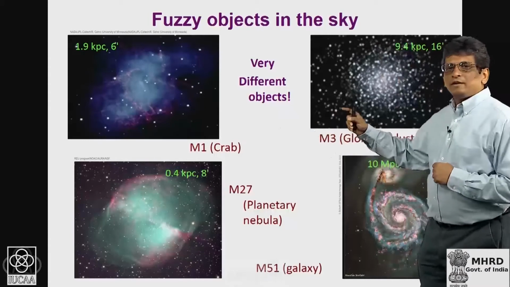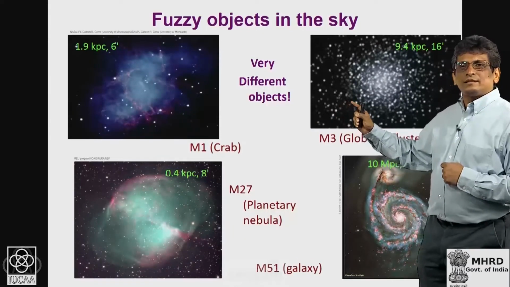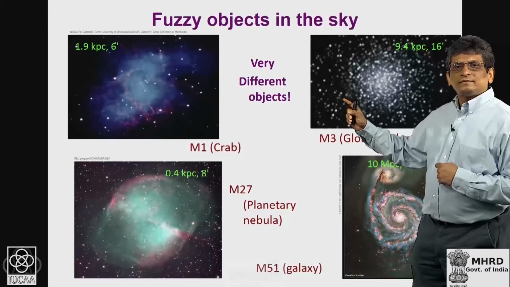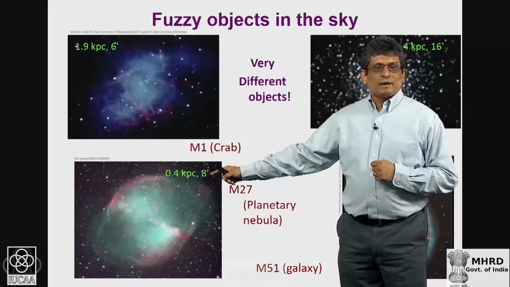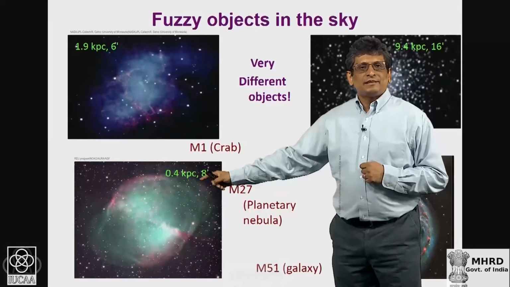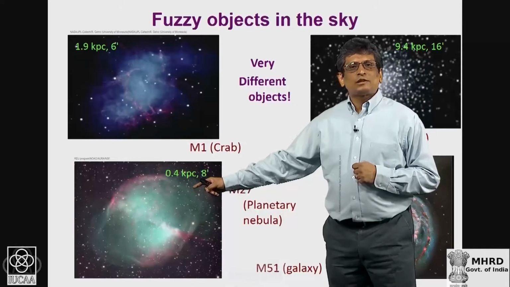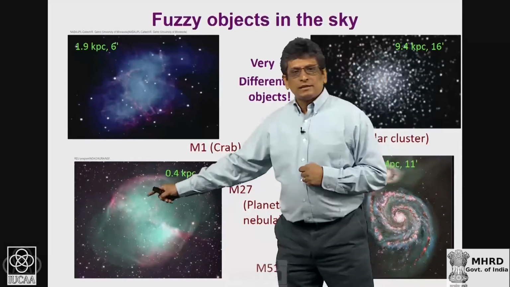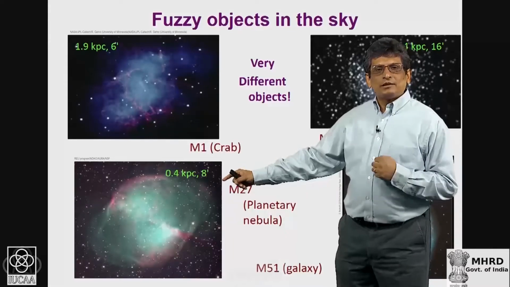Then we have a cluster of stars that has 1,000,000 stars in it, but through a small telescope it looks nebulous because you do not see the individual stars. You have a planetary nebula, which is something that is an evolved star that is quite old and has lost a lot of its matter, and so we do not see the star that is in the middle, but we see the nebulous gas around it.